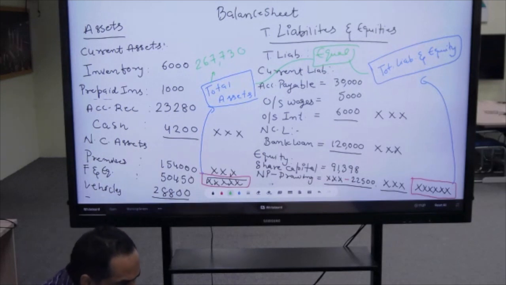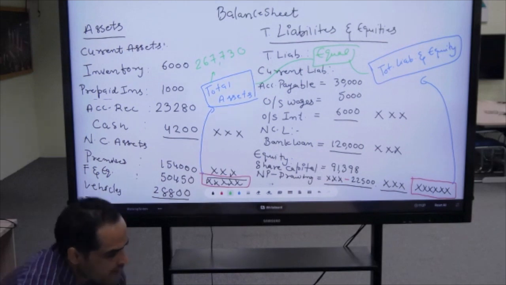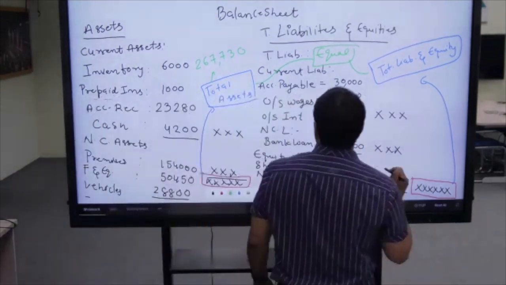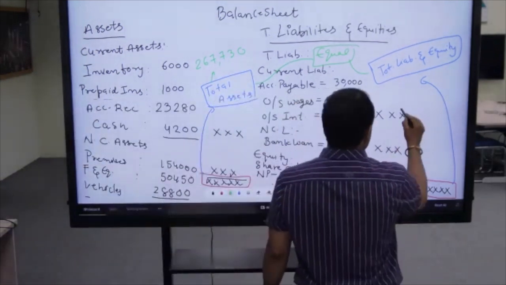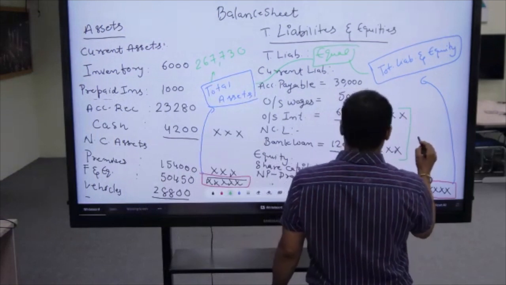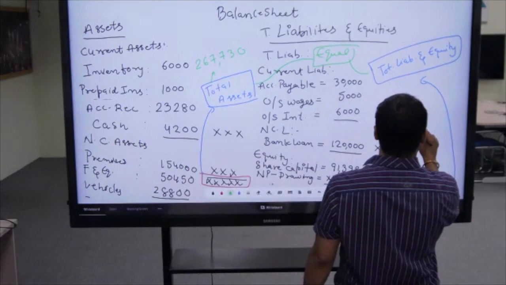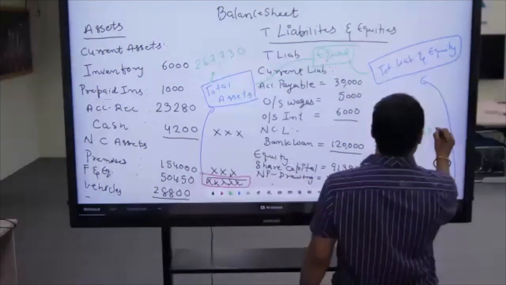Okay. So we check where you got. My total liability is 161,000.